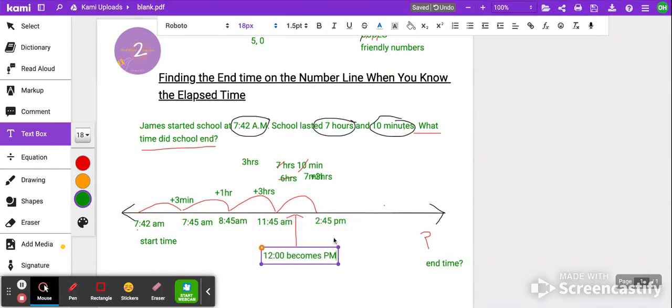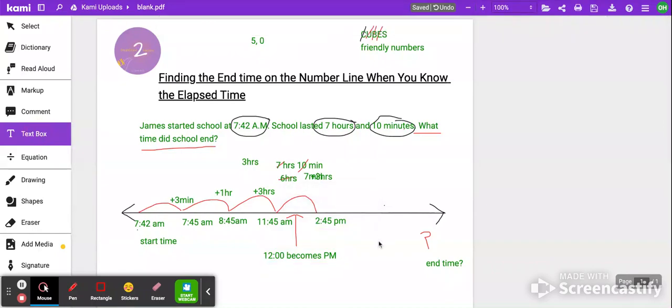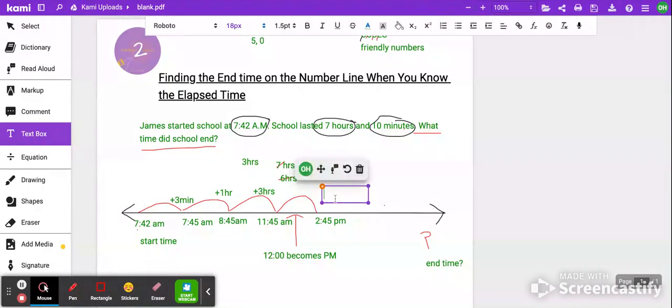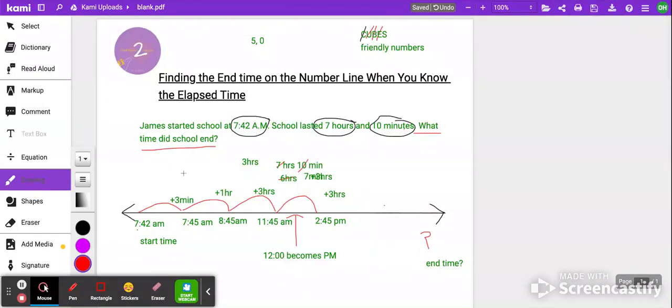So now I'm here. And again, I've added 3 more hours onto this. So I'm going to say plus 3 hours, which means now I can scratch through those 3 hours. So it's now 2:45 p.m. So I've added 3, 6, 7 hours and 3 minutes.